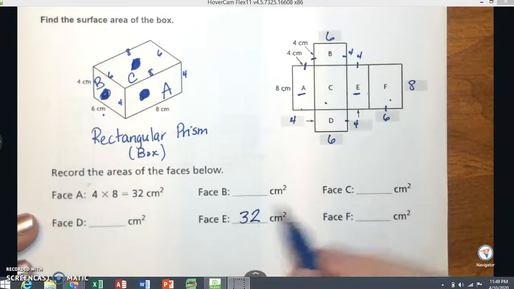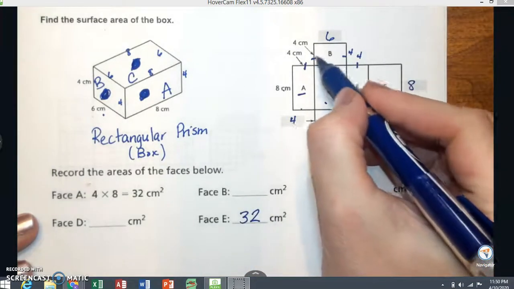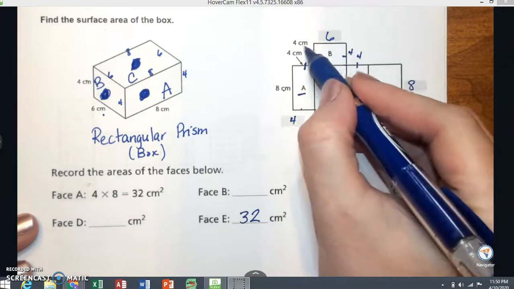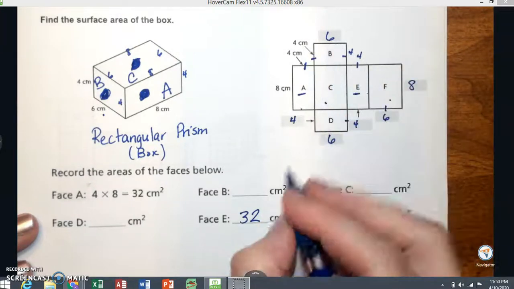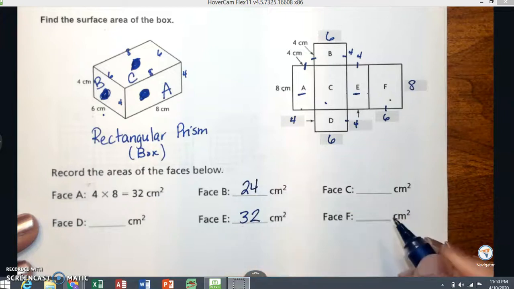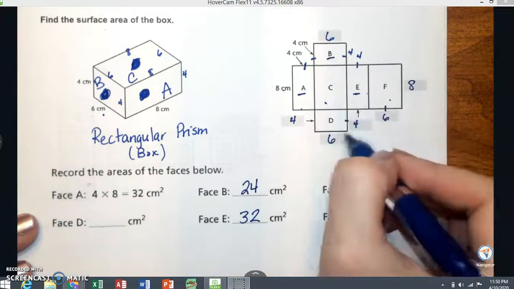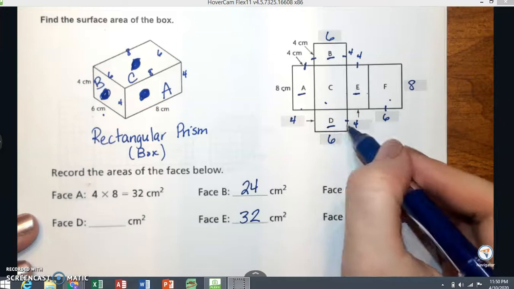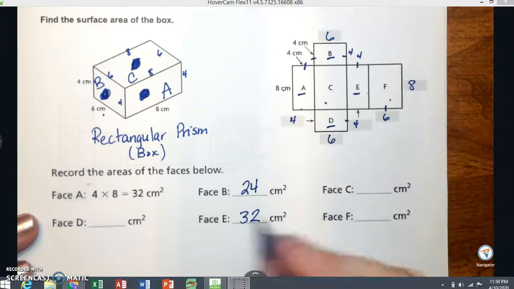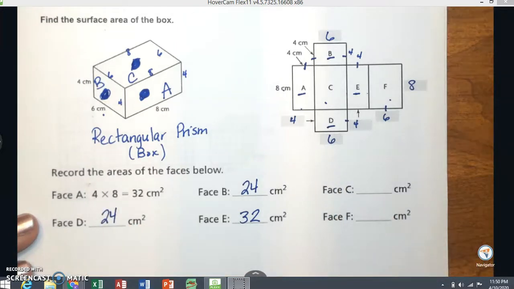Alright, we'll move on to B. So looking at B, to get the area of this rectangle, we'd say 4 times 6, which is 24. So this would be 24 centimeters squared. So notice B and D are the same, 4 times 6. So when we find D, that's also 24 centimeters squared.